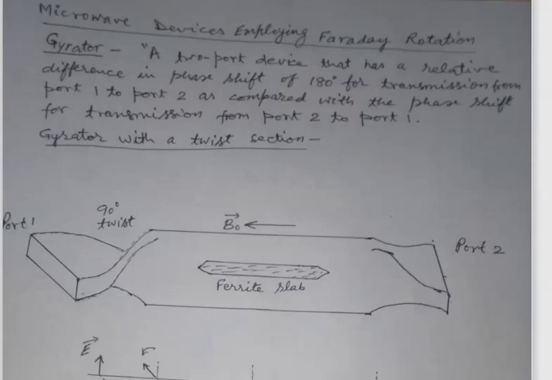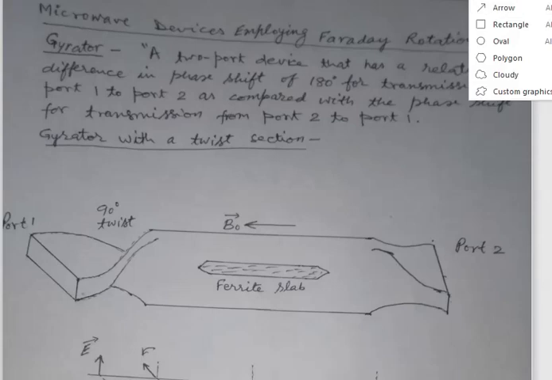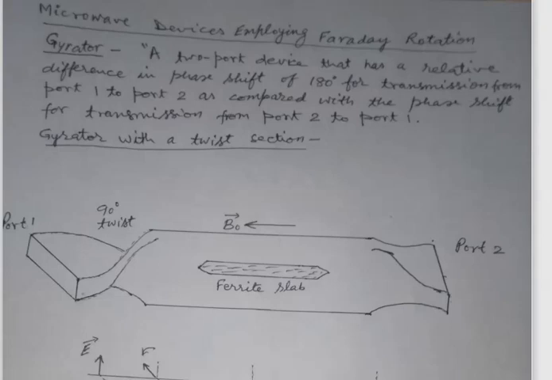The gyrator may be constructed in two ways. Number one is a gyrator with a twist section, and secondly a gyrator without a twist section. First we discuss the construction of the gyrator with a twist section.